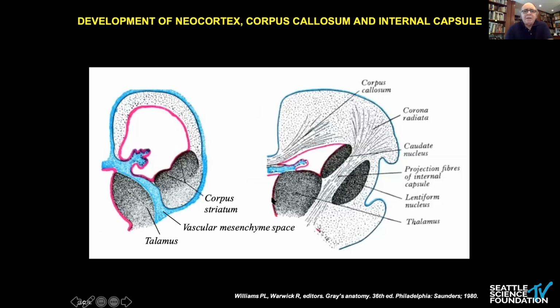Now, another very interesting and very important tip is to understand that when the mammals came and the neocortex developed together with the corpus callosum, of course, the projection fibers had to be developed also. And the development of these projection fibers did split the old single striatum, okay?